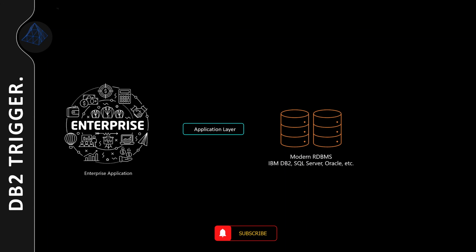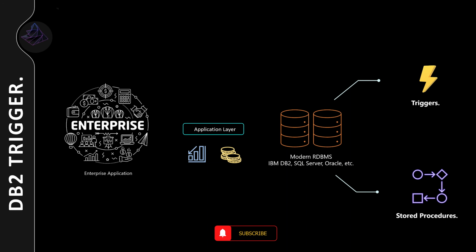Now, as you know, the application layer contains core functionality, but it is not possible to include complete functionality at the application layer, because it would eventually downgrade the application performance and increase application running cost. So to extend the capability of conventional programming, modern databases such as IBM DB2, Microsoft SQL Server, Oracle, MongoDB, or maybe Amazon Aurora have introduced the concept of triggers and stored procedures.